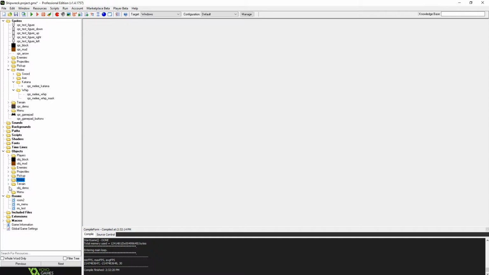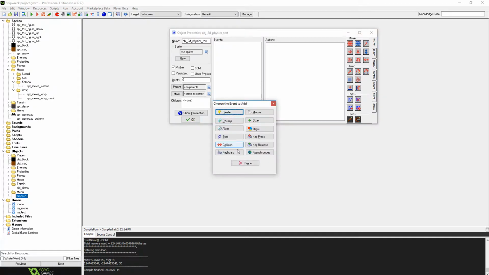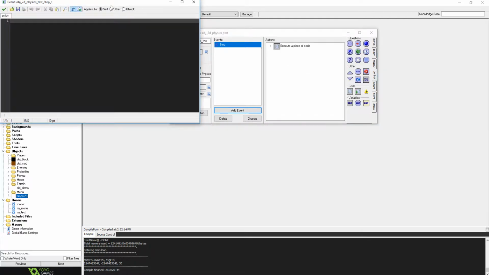Okay, so I'm gonna call this OBJ 2D physics test. We're gonna call this gamepad. So we're only gonna be controlling the left stick here.